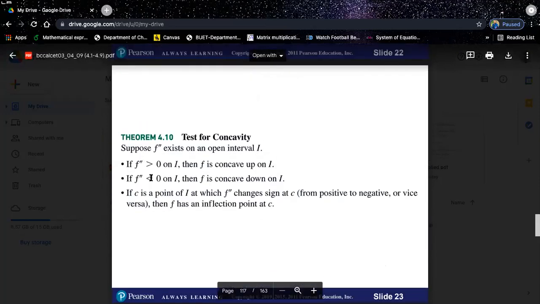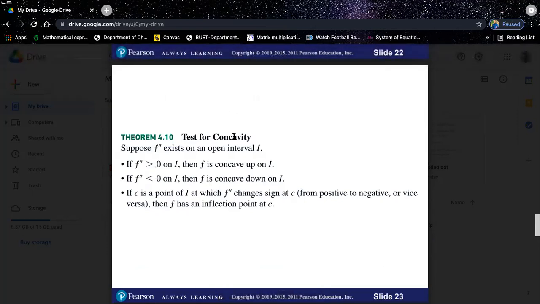The test for concavity says that if the second derivative is positive, then it's concave up. If the second derivative is negative, then it's concave down.